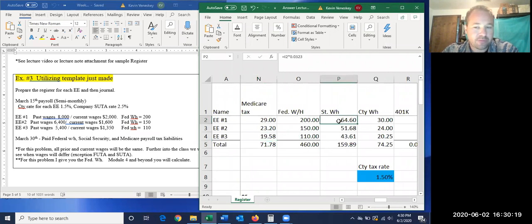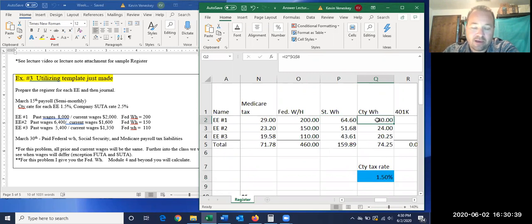The state rate should have been calculated for you through your template. It tells us that the county rate, one of the items that you will fill in your little box down here, is 1.5%. So that would be something like Delaware County, perhaps, where they live.